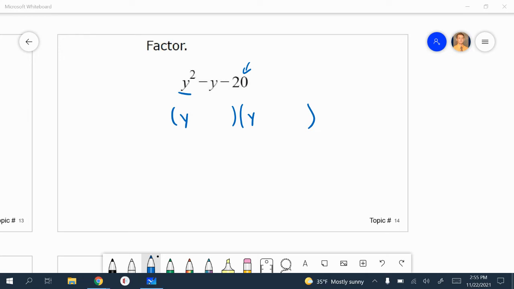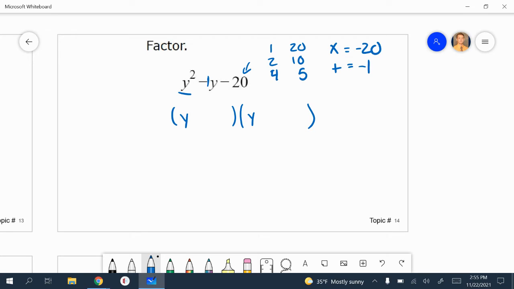So it's either going to be 1 and 20, 2 and 10, 4 and 5. It's going to be one of those combinations, and then we just have to put one of them as a negative. Well, I know when I add the middle piece, it's got to be a negative 1. So when I multiply them, I'm going to get a negative 20, and when I add them, I'm going to get a negative 1.